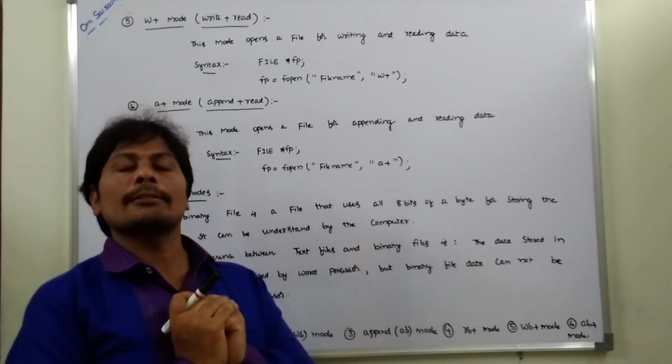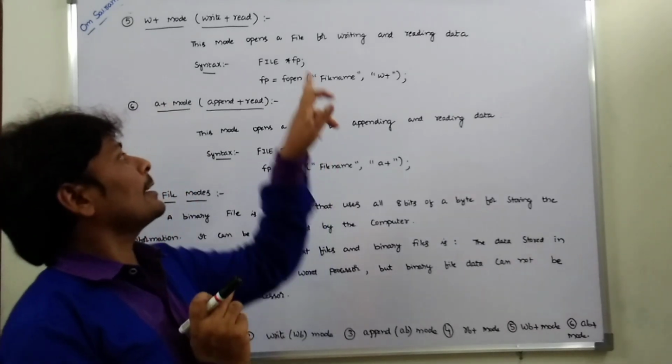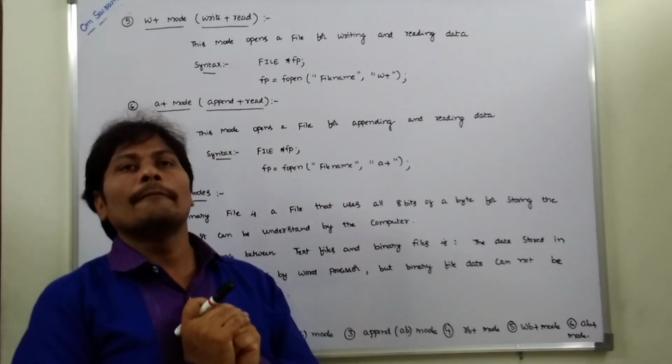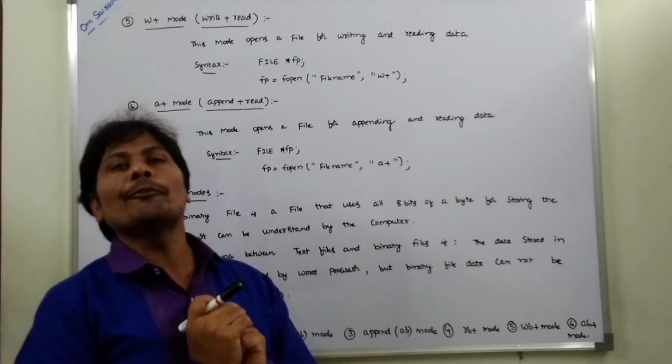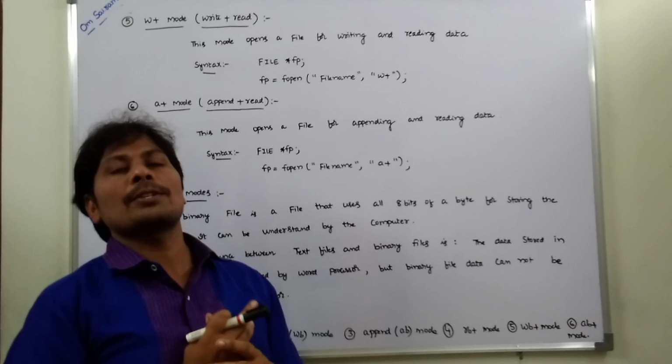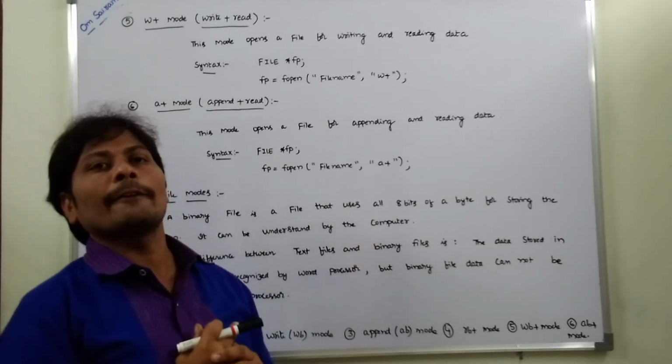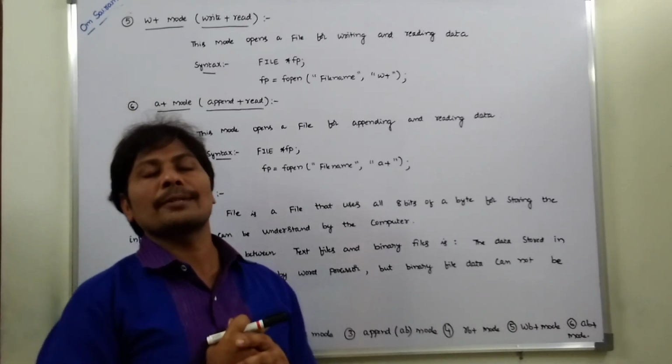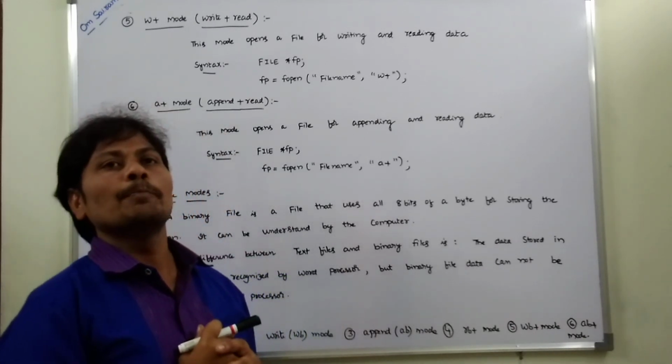If the file does not exist, with whatever file name we have given, a new file is created. Whatever information you want to write into the file is stored into the file.